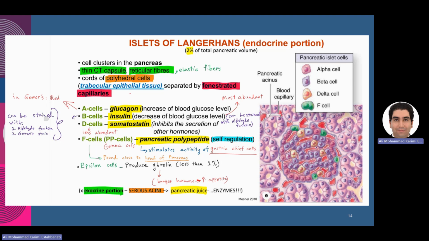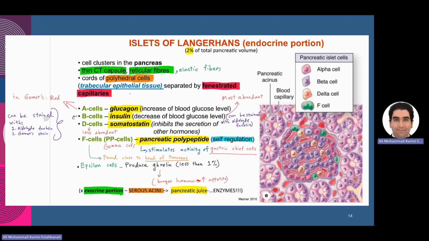On the contrast, we have beta cells, which produce insulin and decrease the blood glucose level. When you stain it with Gomori's, it will be blue, and with aldehyde fuchsin, it will also stain darker than the other cells in that area. And they are the most abundant cell in the islet of Langerhans.